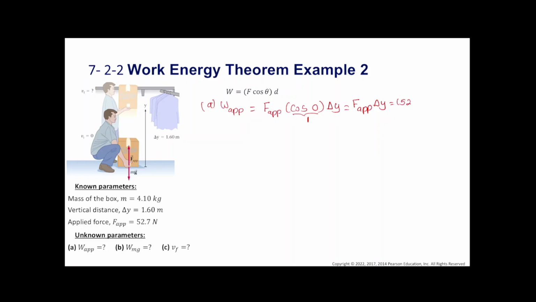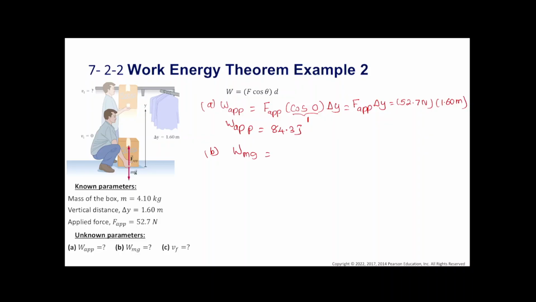Applied force is 52.7 newtons, delta y is 1.60 meters, therefore the work done by the applied force is equal to 84.3 joules.